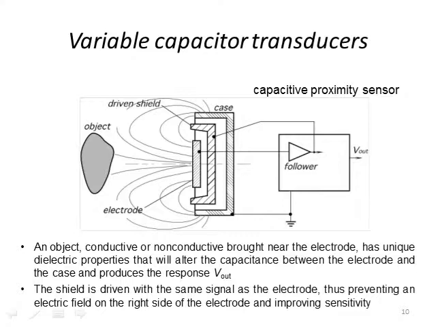As an object comes in close proximity, then the electric field is going to essentially change because of this changed dielectric material that's changing the electric field pattern from the electrode to the case, and we can detect that as a voltage change with this follower circuit, and then our output is going to give us a relationship between the output and the distance of this particular object with respect to the electrode plate.